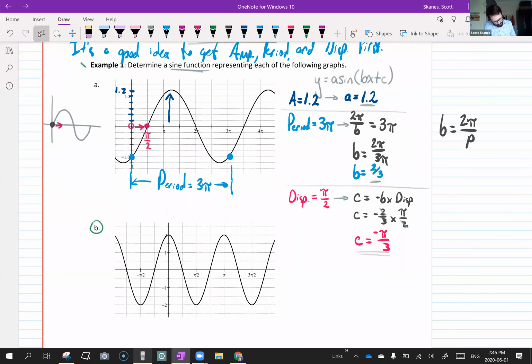So let's finish our question. Y equals 1.2 sine of 2 over 3 x minus pi over 3. That's our final answer.